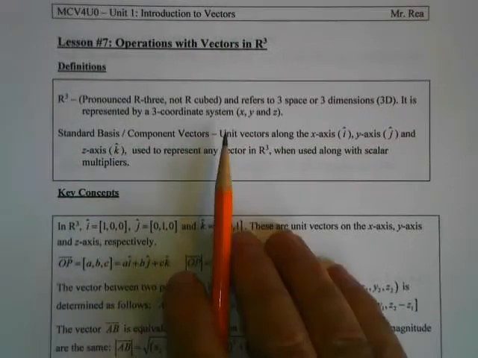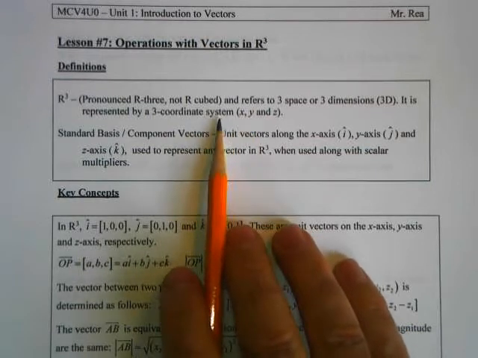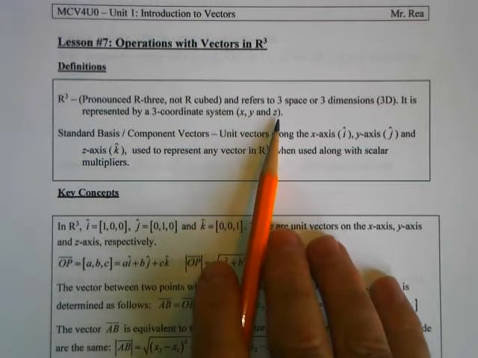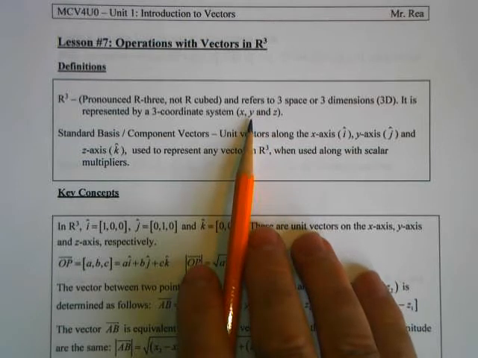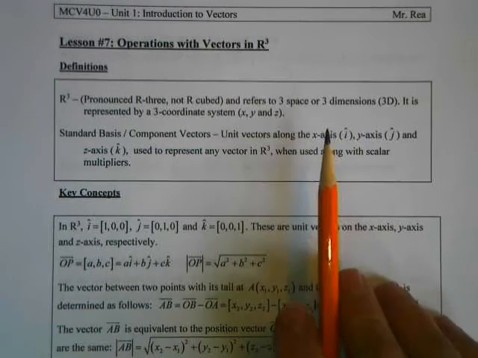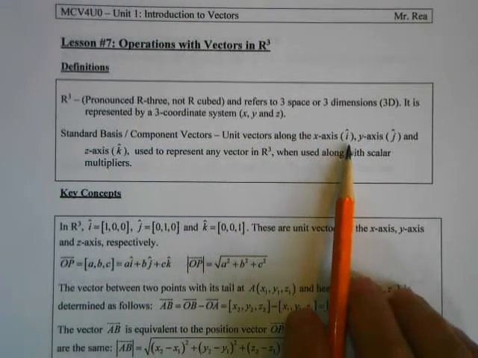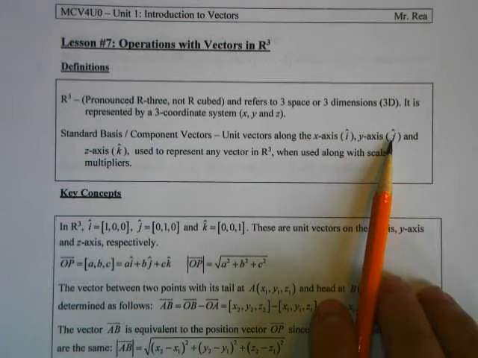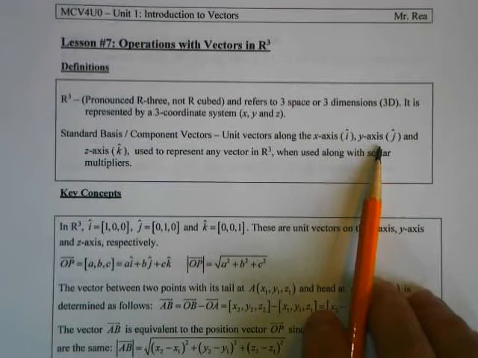In terms of our coordinate system, with R3 we now have the Z coordinate as well as the X and Y, which we already had in R2. And in terms of our basis and component vectors, the standard basis vectors, we still have the i hat and j hat vectors, which are unit vectors along the x and y axis respectively.